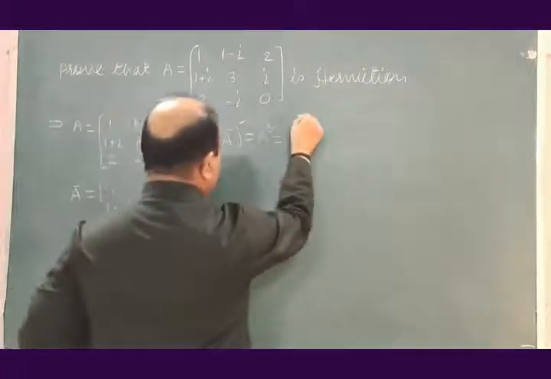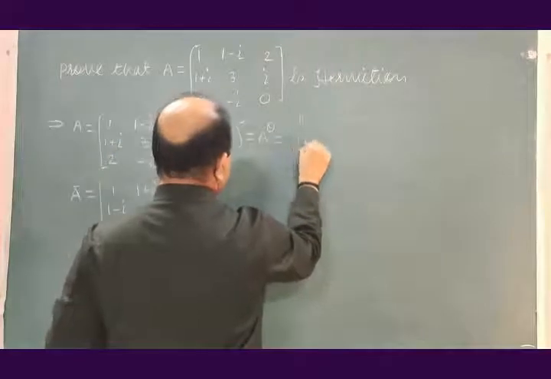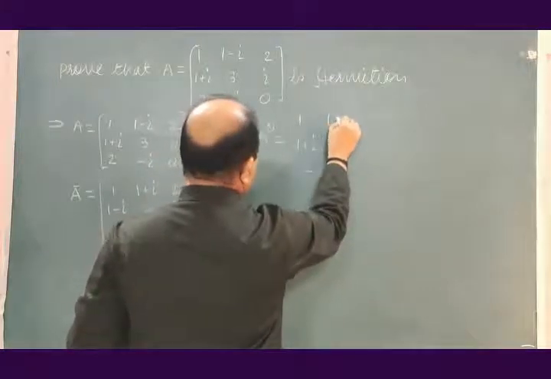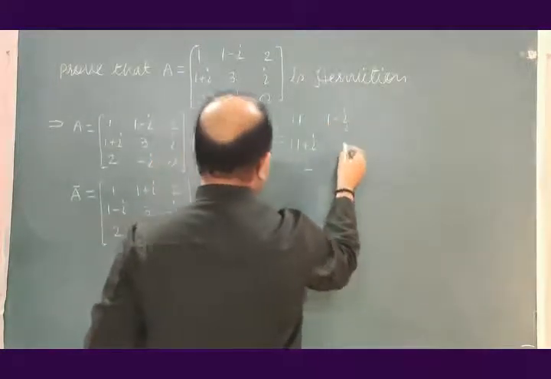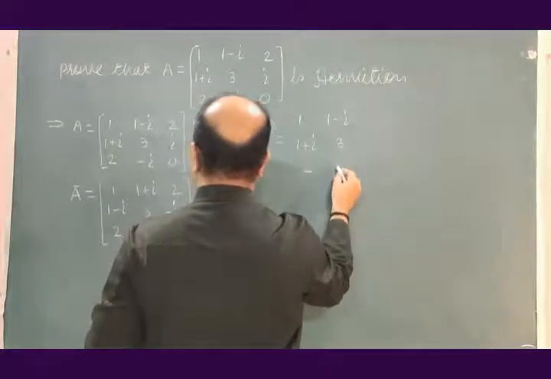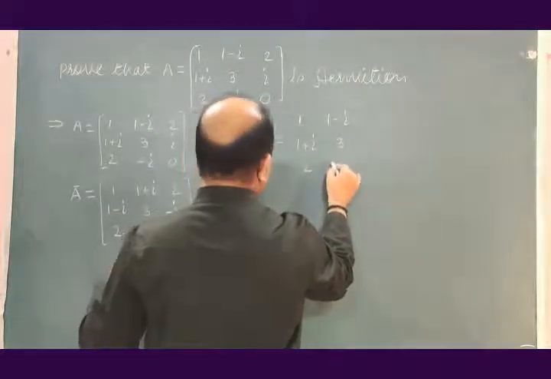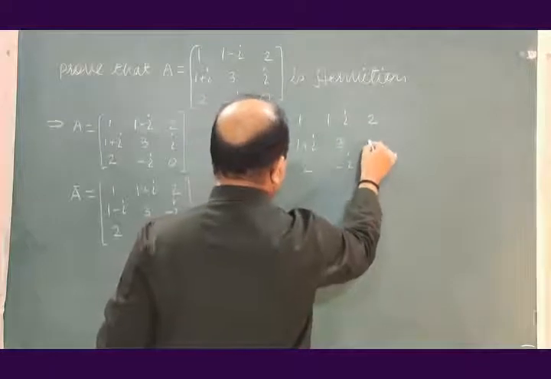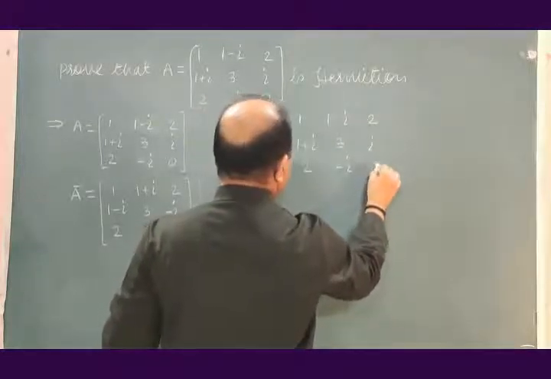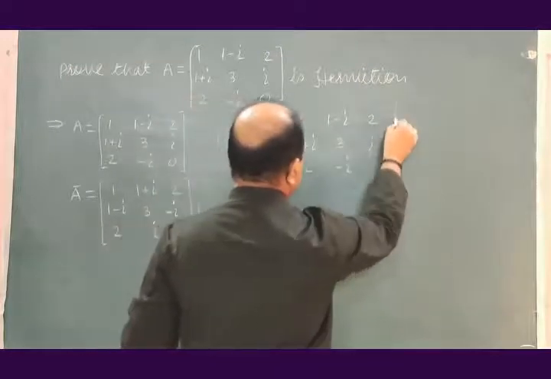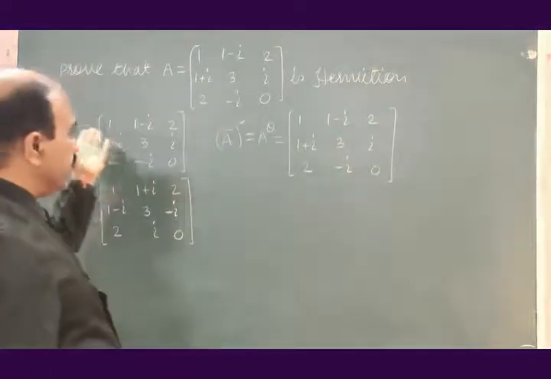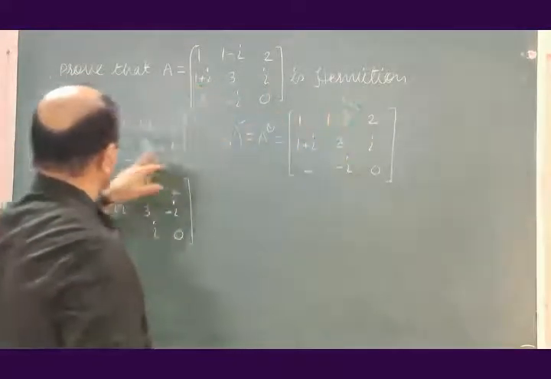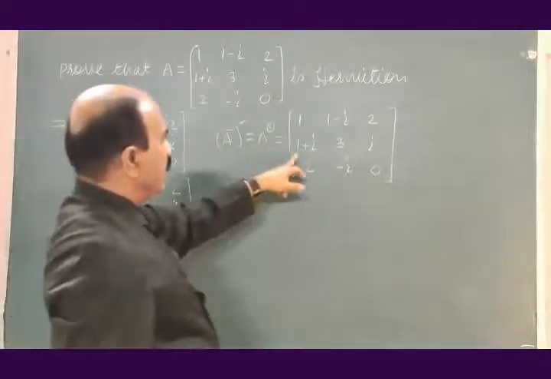That is 1, plus i, 2, 1 minus i, 3, minus i, 2, i, 0. Compare this A theta with the given matrix.